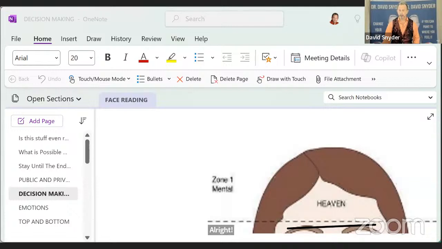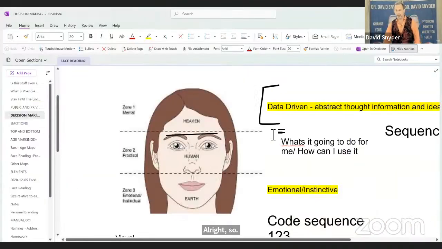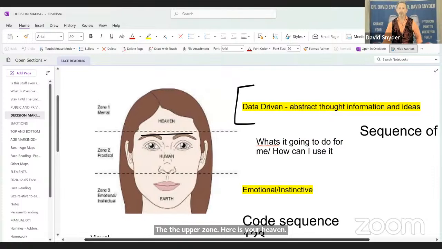So let me make this bigger. All right. So the upper zone here is your heaven zone. People who are very data driven, their upper zone, this area here, will be much higher, much bigger than the rest of the zones. These people love numbers. They love data. They love spreadsheets. But don't think it's just about math.